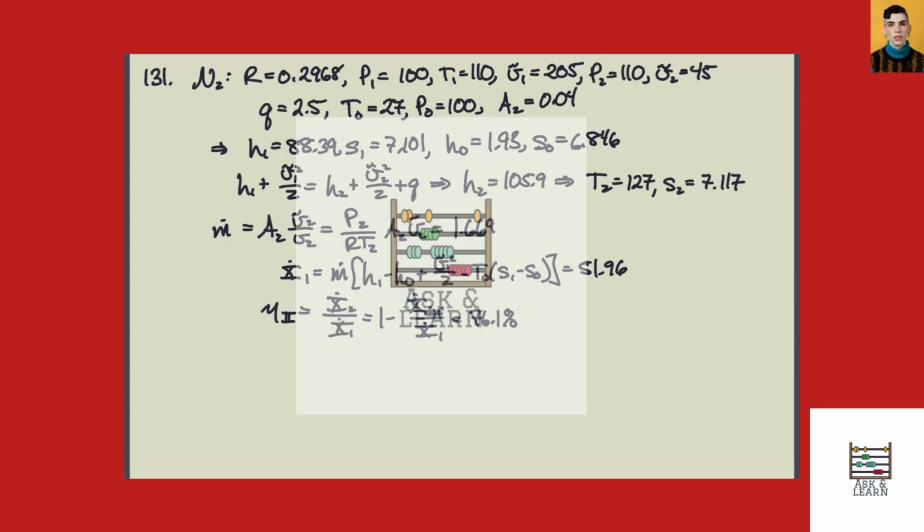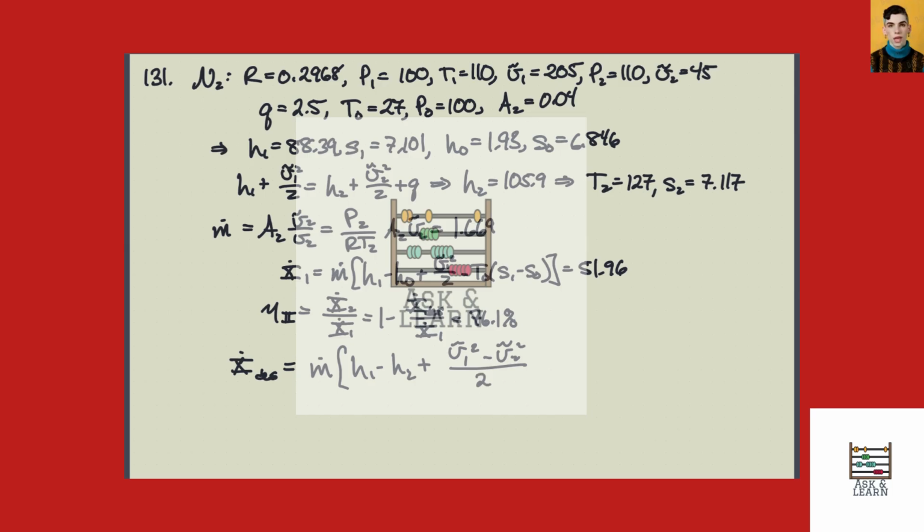So let's see here. Exergy destroyed is the mass flow rate times the quantity, H1 minus H2, plus V1 squared minus V2 squared, all over 2.